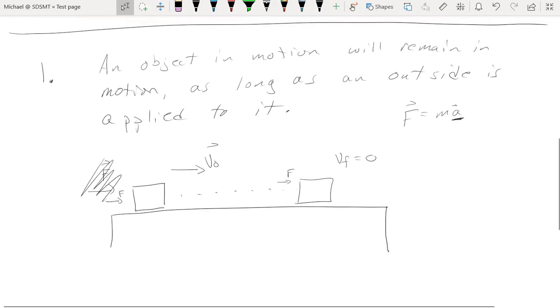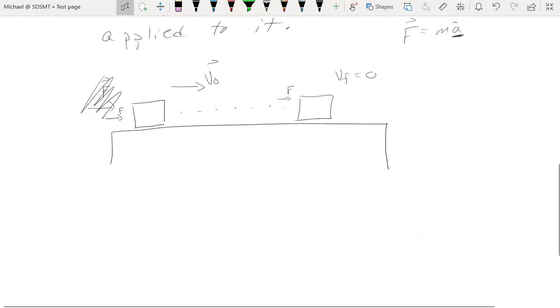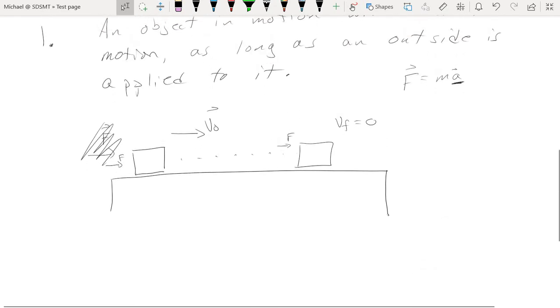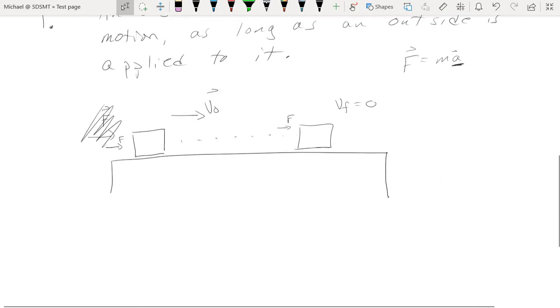And so Newton came along and he says, well, that's not entirely true. What if you removed the conditions of things like air resistance and friction? Because there will be some air resistance, air trying to flow around this mass as it's moving. There will be some friction between the mass and the tabletop. All of these things trying to slow it down.